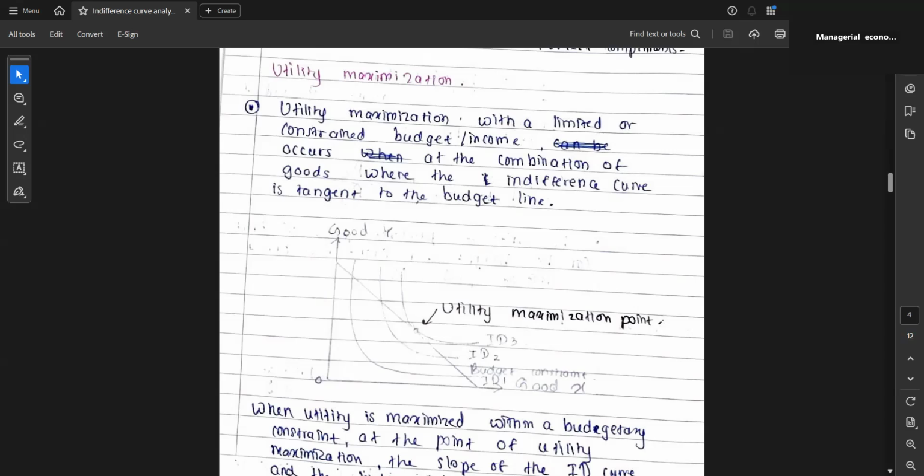However, indifference curve 2 has a lesser utility compared to indifference curve 3. So why would you not go for the point where indifference curve 3 and the budgetary constraint are tangent?